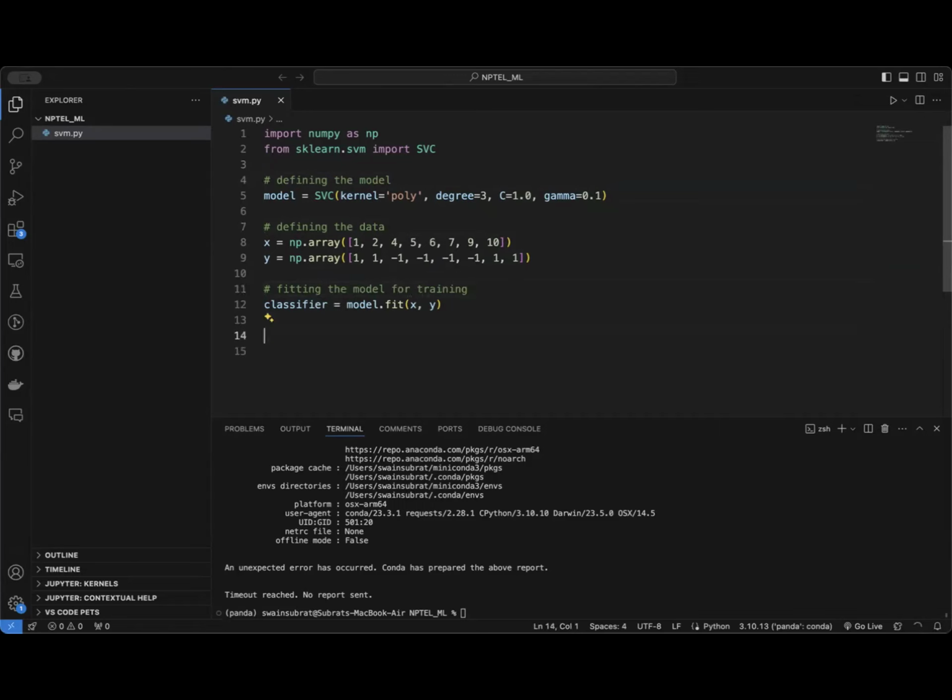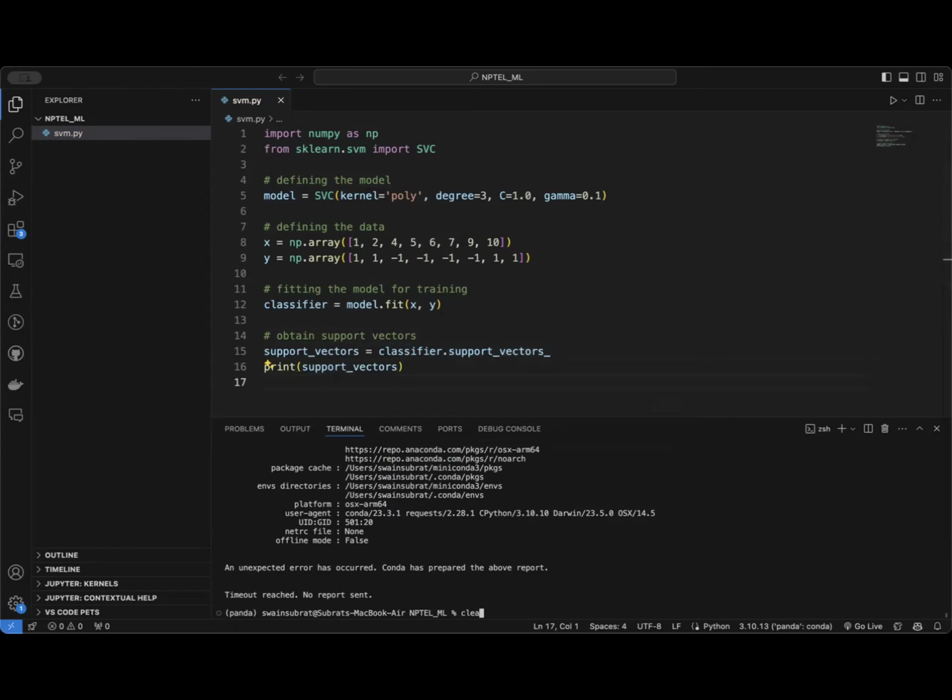Once it is done, we can obtain the support vectors. So 10 support vectors, and the support vectors will be model.support_vectors, sorry, not model, it should be classifier.support_vectors. Sometimes the recommendation fails, and then you have to print the support vectors.